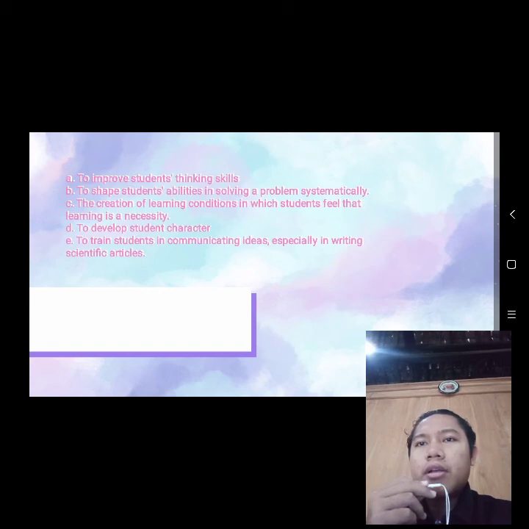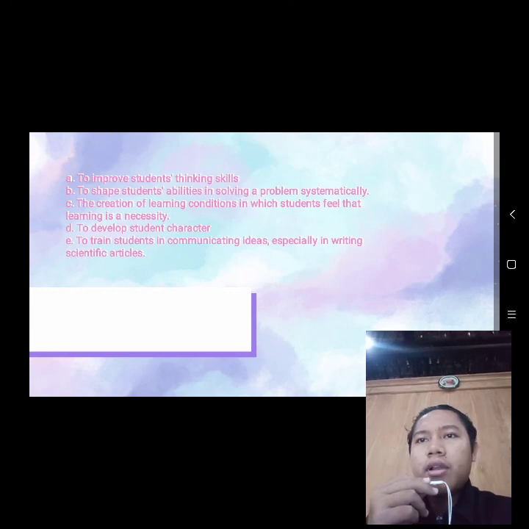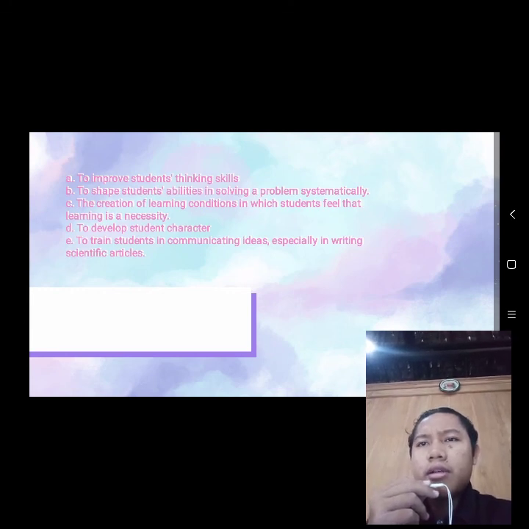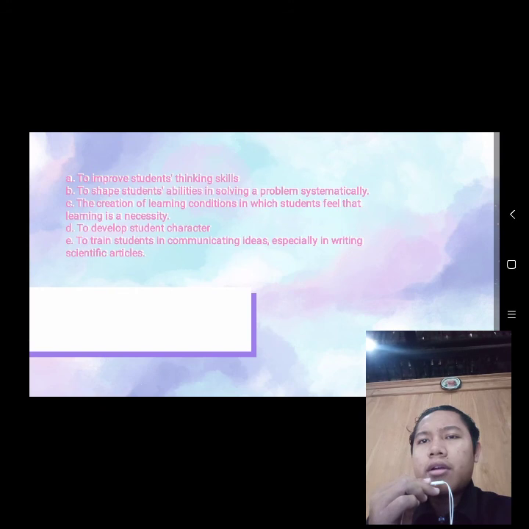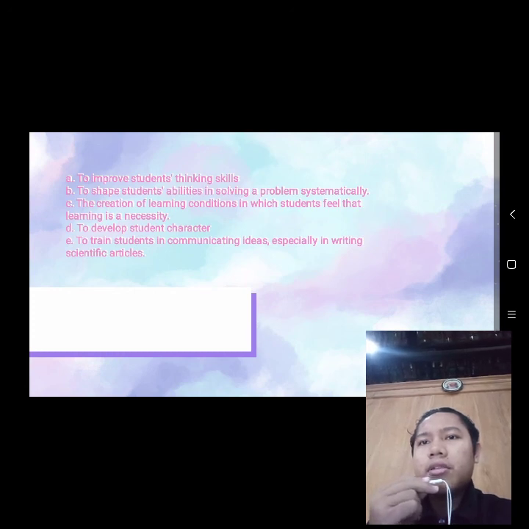The creation of learning conditions in which students feel that learning is a necessity. Point 4. To develop student character. Point 5. To train students in communication, especially in writing scientific articles.